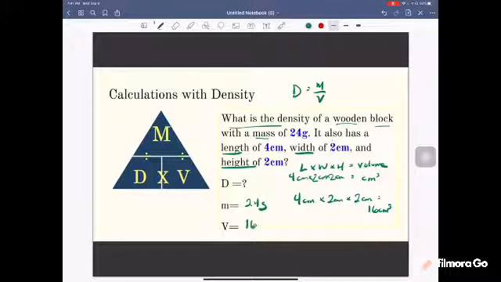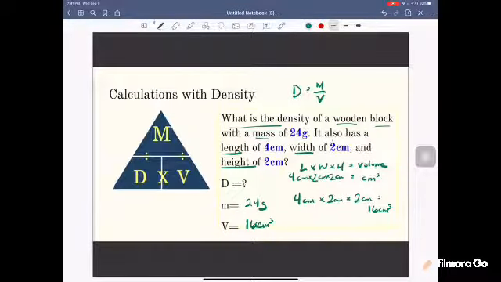So what I did was I had to calculate my volume. They did not give me a volume of 16 cubic centimeters. I had to figure it out myself, but it wasn't a big deal, was it?